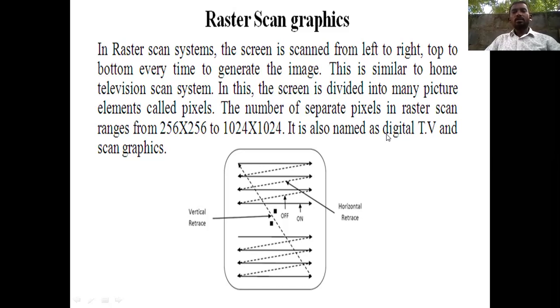It is also named digital TV scan graphics, and this is called raster scan graphics. Display devices such as LED and LCD are pixel based, and they are the best examples for the raster scan system.